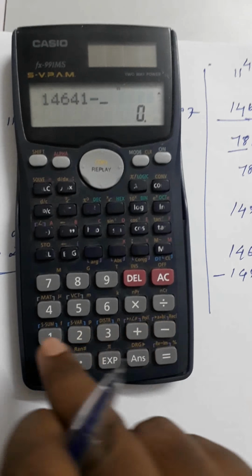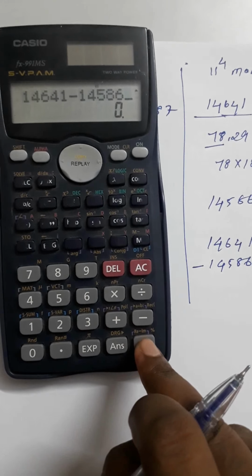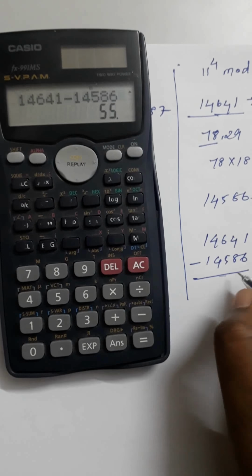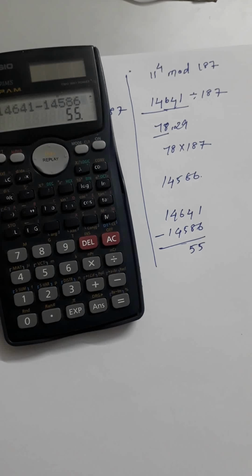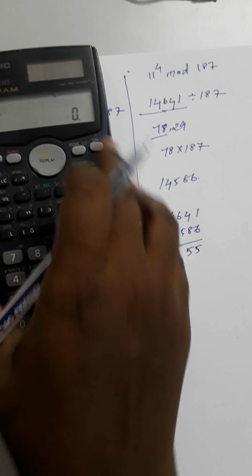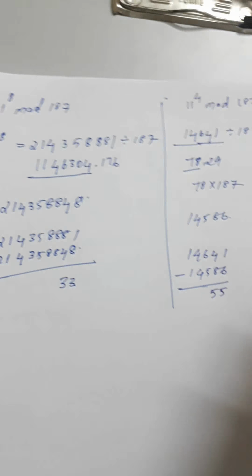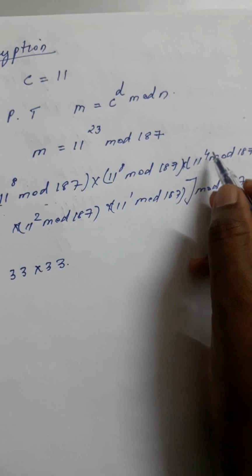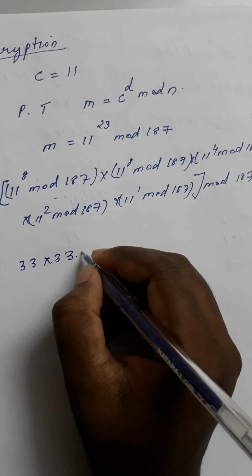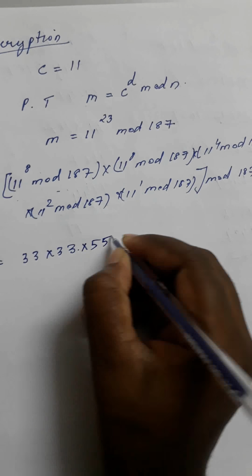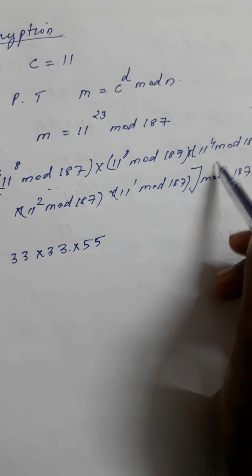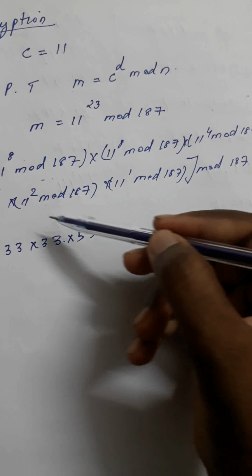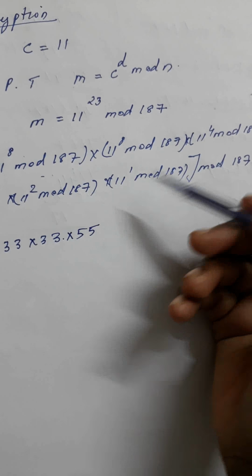You get the answer of 55. So 11 power 4 mod 187 is 55. So into 55. Now as we have found the values of 11 power 8 mod 187 and 11 power 4 mod 187, we are going to the next, 11 power 2 mod 187.